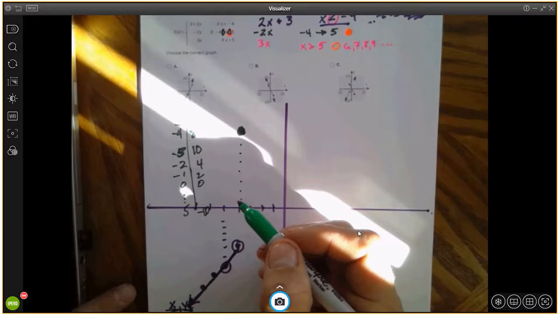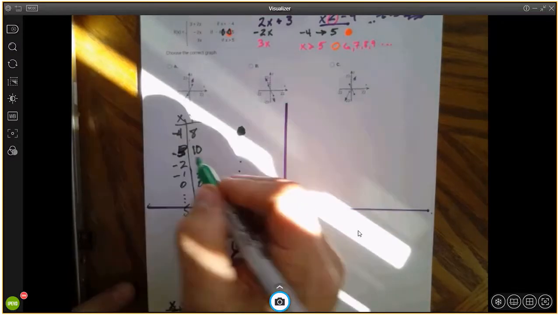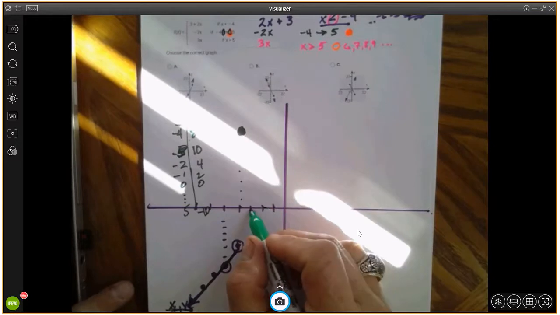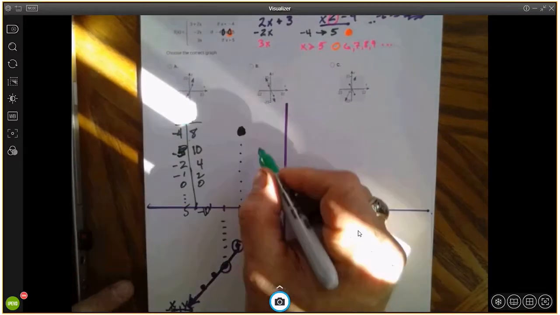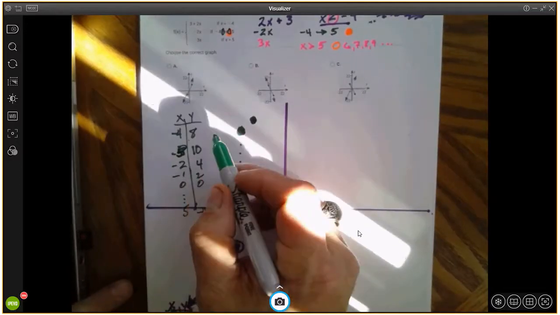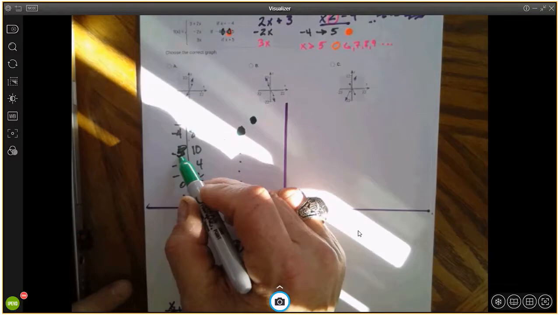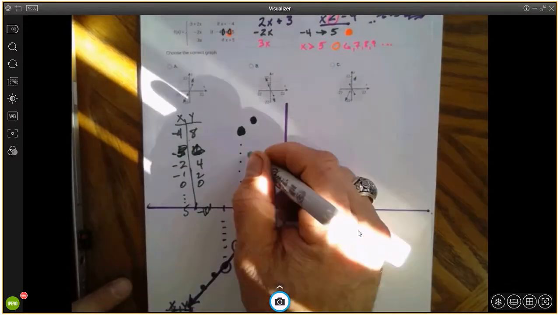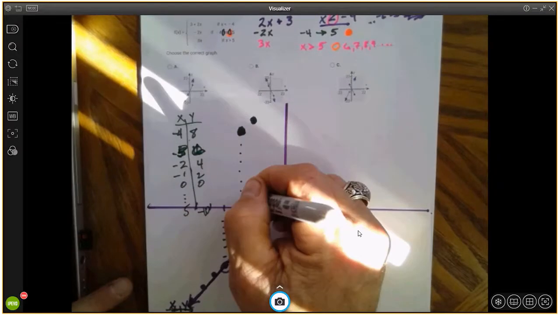I'm sorry, -3. Can't read my own writing. 1, 2, 3, and positive 10. That's not right. -3, that's a 6. -3 and 6. 1, 2, 3, 4, 5, 6.